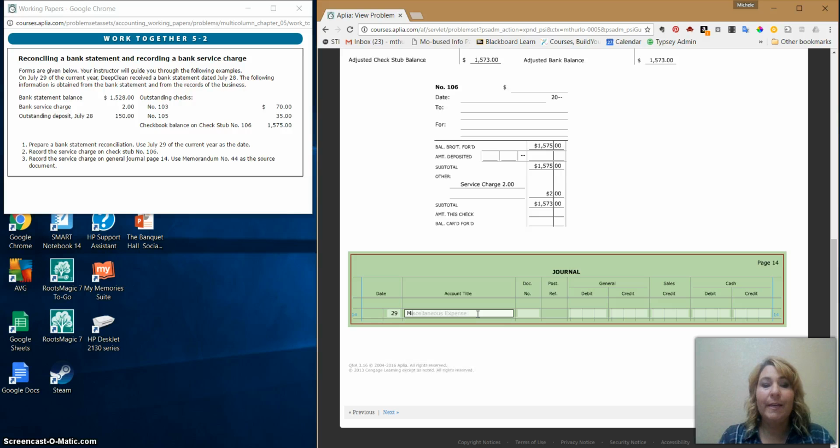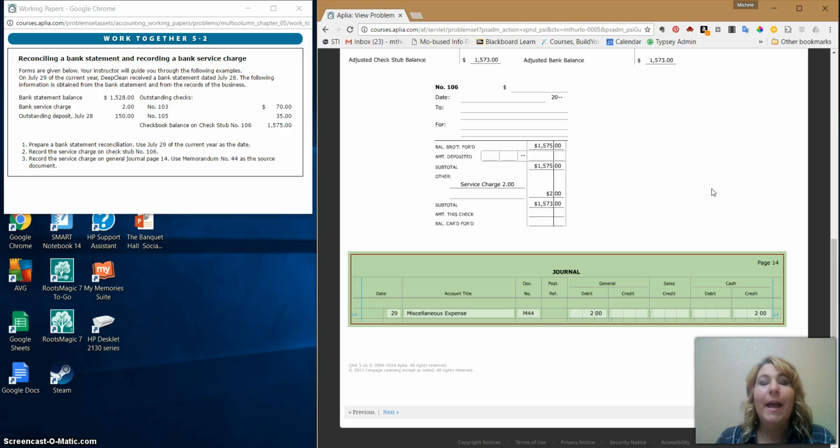We're going to use miscellaneous expense. Document number, it says we're using memorandum 44, so we're going to put an M44. Okay, we are going to debit miscellaneous expense because we're always increasing expenses with a debit, so that's $2. And we're going to credit cash because we're decreasing our cash. Okay, that should be it.